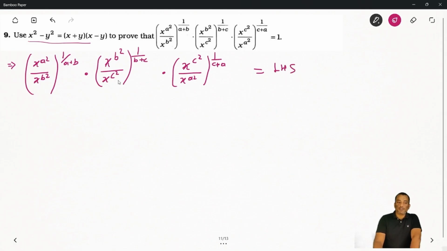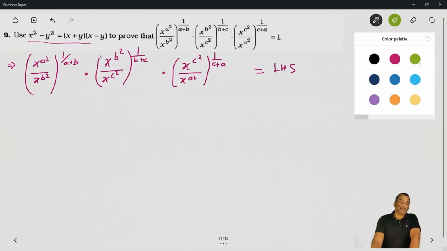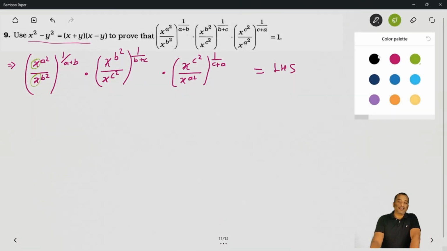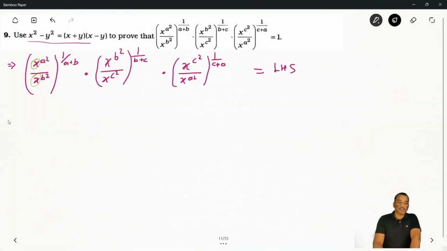So first one, we have inside a bracket, we will apply the quotient rule because inside the bracket, they have the same base. Okay, so can we apply here the quotient rule? So first one, we will get x to the power a square minus b square and whole you will get 1 by a plus b.